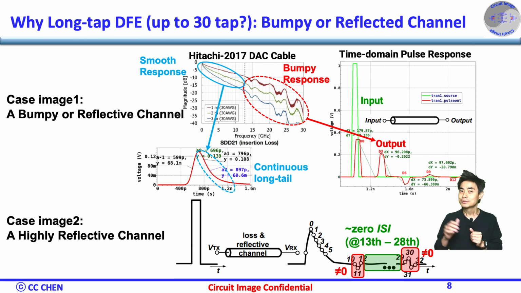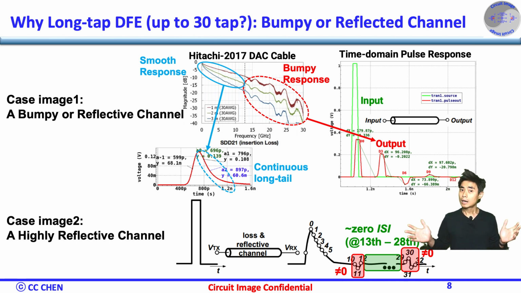From these two time domain reflection images, we can either implement the whole 32-tap DFE or a partial floating-tap DFE for maximum 32-tap ability. Unfortunately, such a larger DFE tap count for a highly reflective channel is nearly impossible to meet the DFE digital timing in DSP.